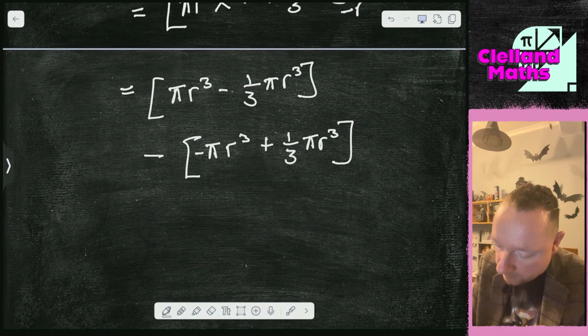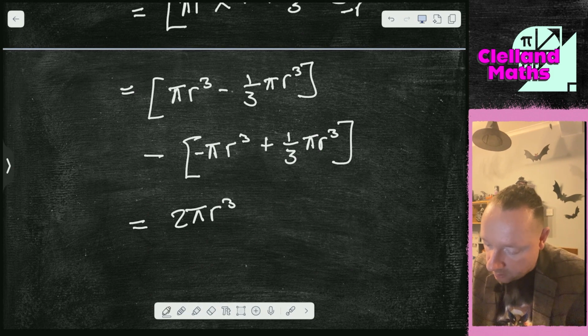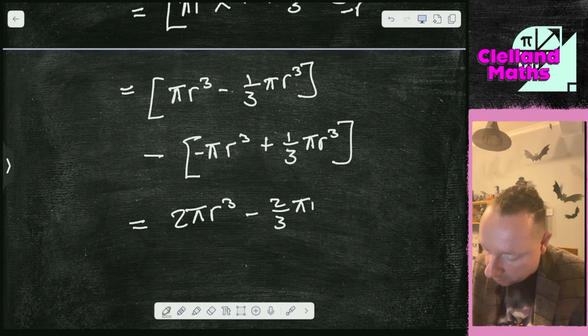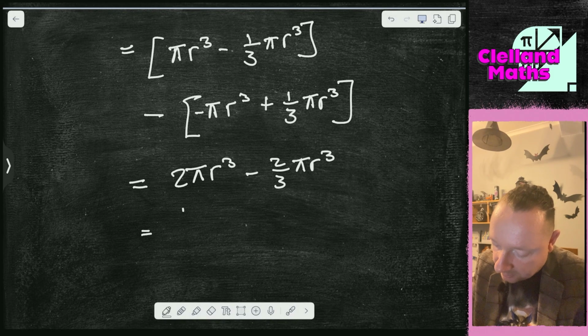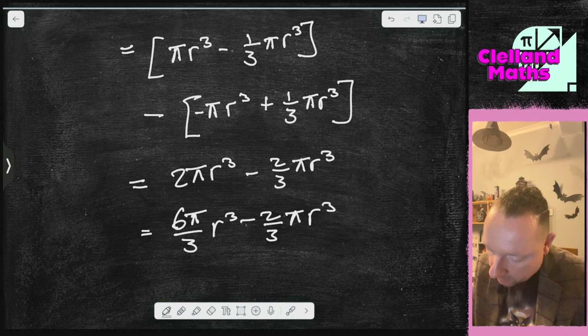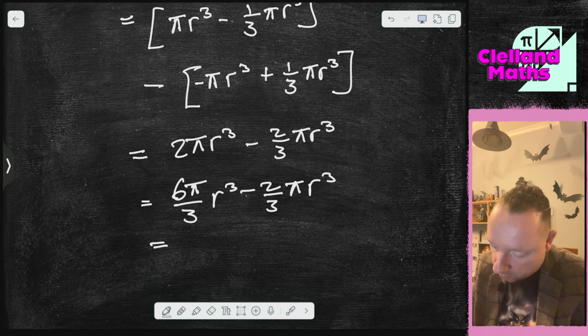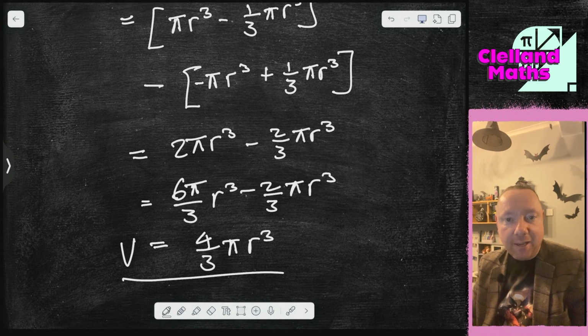Tidying all that up, we've got pi r cubed minus pi r cubed is 2 pi r cubed. We've got minus 1/3 minus another third is minus 2/3 pi r cubed. 2 pi is 6 pi over 3 r cubed minus 2/3 pi r cubed. 6 minus 2 is 4, so that gives you 4/3 pi r cubed, which is exactly the volume of a sphere, and we're done there.